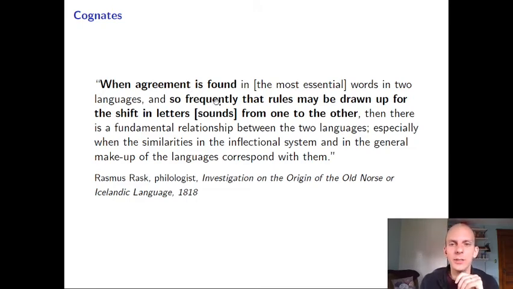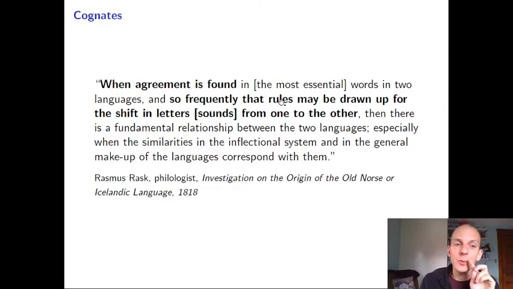He says, when agreement is found in the most essential words in two languages, and so frequently, so the similarities are so frequent that rules may be drawn up for the shifts in letters. Okay, we don't care about letters. He was a philologist, we're linguists. We care about sounds, but whatever.